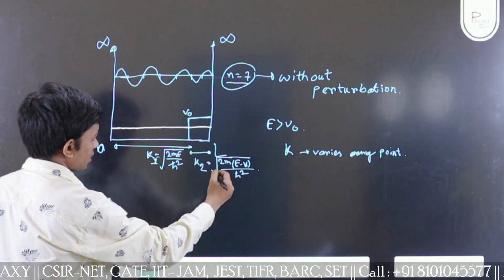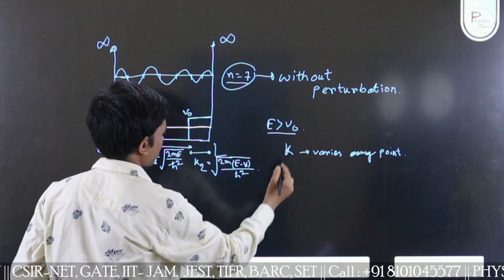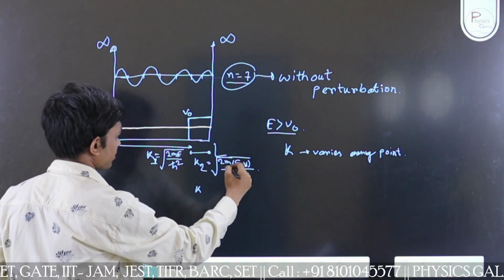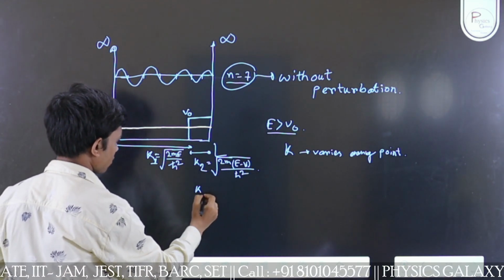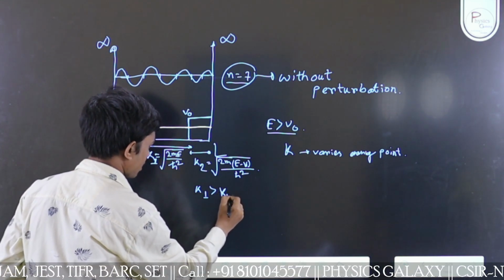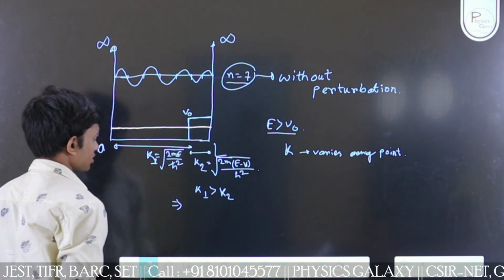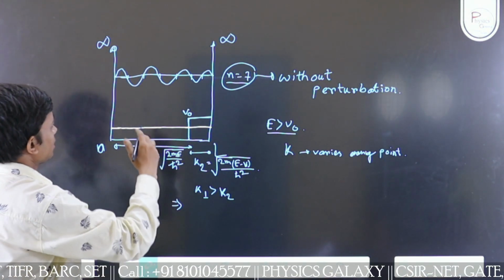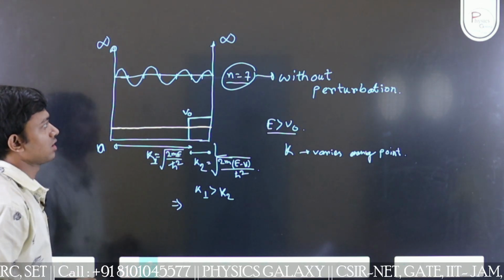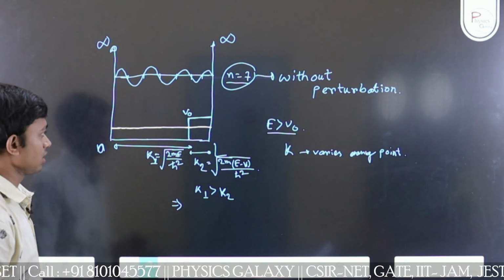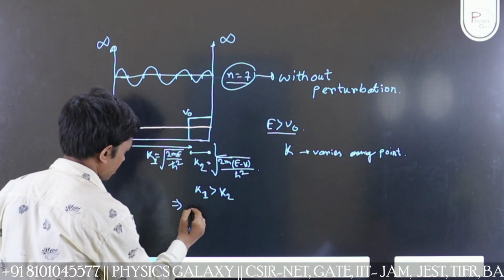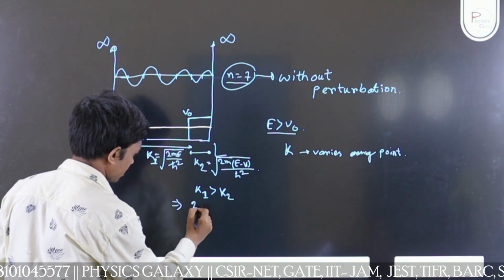As E is greater than V naught, this term is decreasing, so k1 is greater than k2. And they asked me what the change in the wavelength in the wave function would be. Then I wrote it.